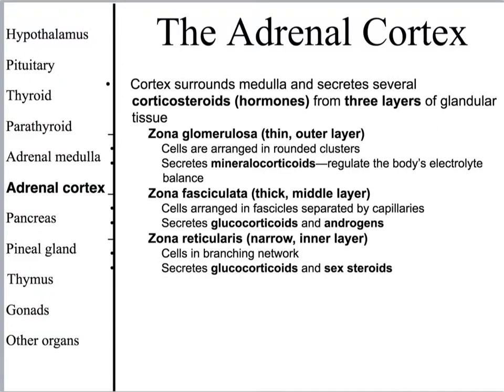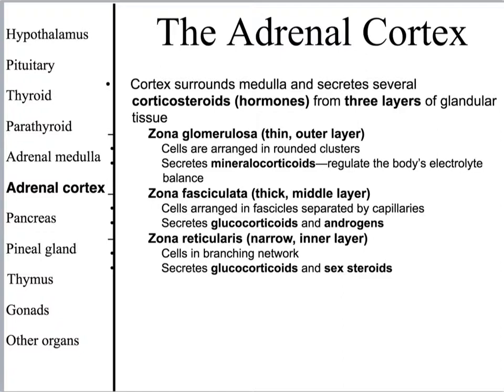The outside of the adrenal gland is called the cortex. Cortex means the outside of something. And from an endocrine perspective, if we talk about the cortex, we're almost always talking about the adrenal cortex. In a neurological perspective, if we're talking about the cortex, we're usually talking about the cortex of the brain.